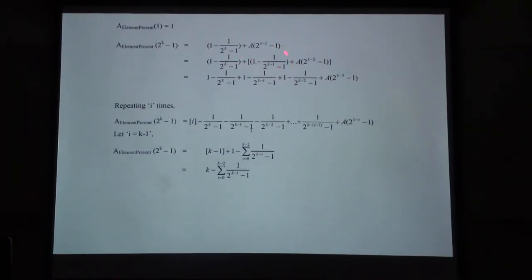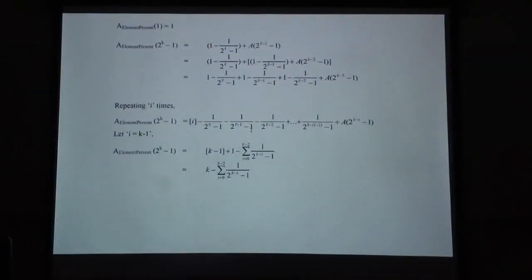That's the expected probability of failure, plus the average complexity of the following half. Now I'm going to take this one and expand it. When I expand this one, I get this plus this. So can I see a pattern of doing it? I did it 3 times. Notice it's 2 to the k minus 0, k minus 1, k minus 2. So when we go to i, this is going to be k minus what?